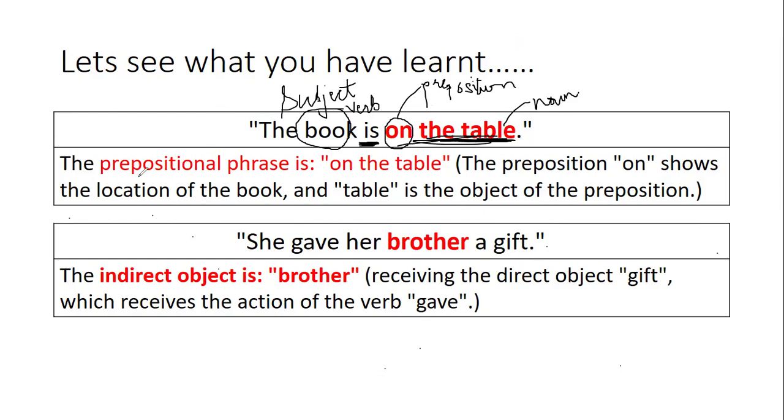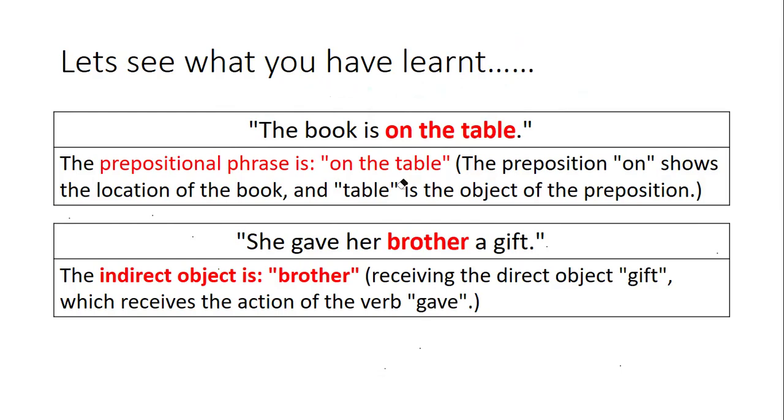The preposition on shows the location of the book, and it is on the table. So table is our object of preposition, and the whole on the table is our prepositional phrase. Let us go to our next statement.